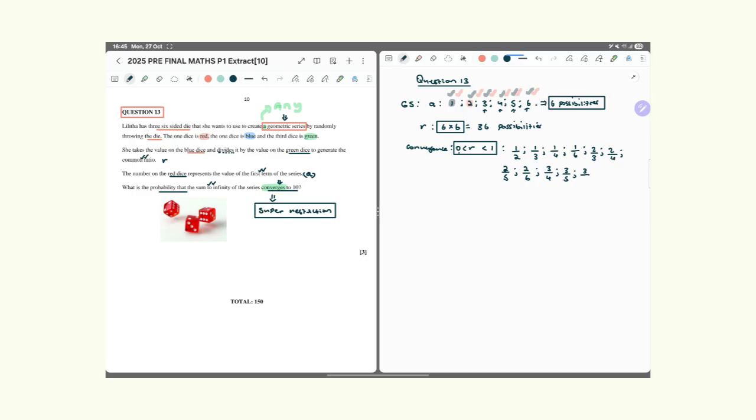Can be 3 over 6. Can be 4 over 5, sorry. And 4 over 6. This is going to be 5 over 6, okay? Those are the possible common ratios that would link up to convergence.